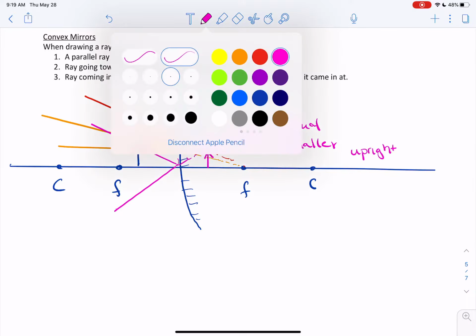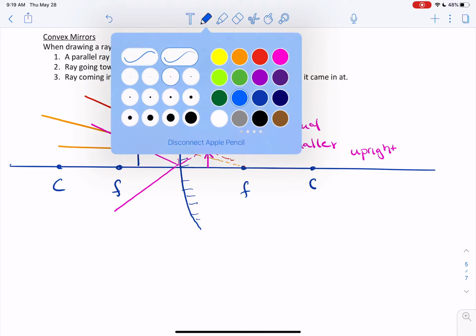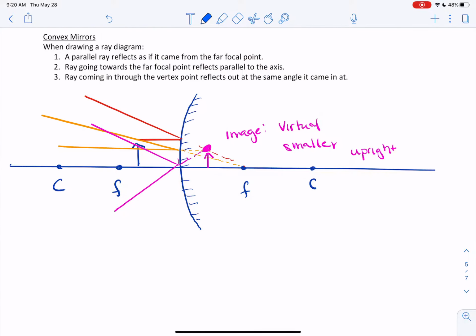And what we will notice about convex mirrors is that convex mirrors can only produce virtual smaller images. Okay. All right, so that's everything about convex mirrors.